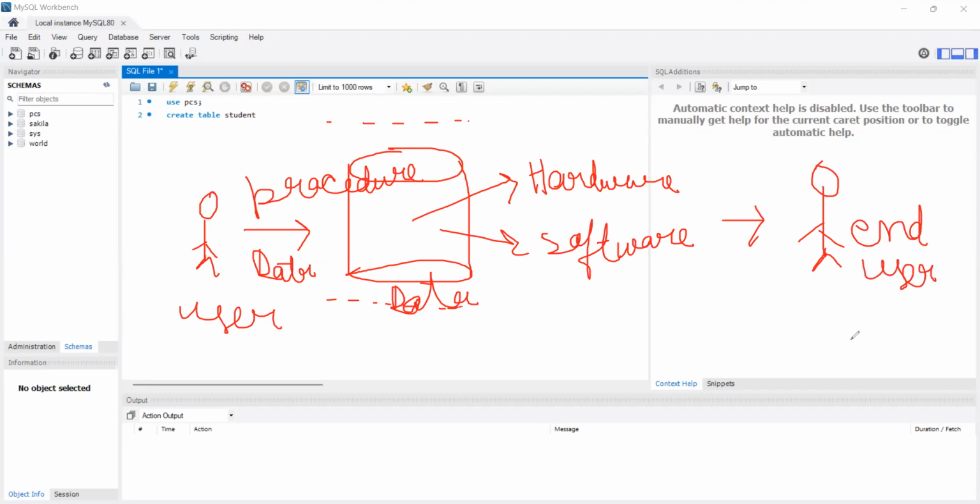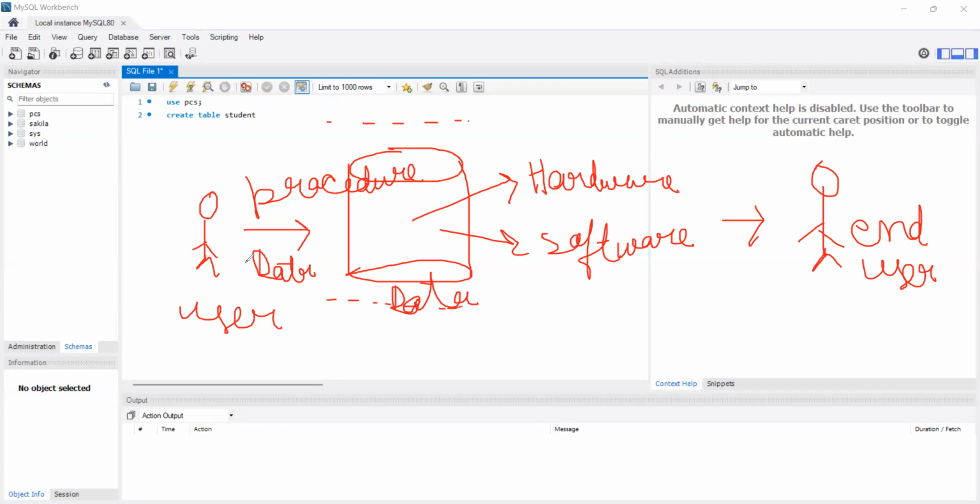The whole thing from first to last is the DBMS environment, not just hardware, software, data, tables, and procedures. From the start user to the end user, the procedure you follow and the data going through that procedure in your hardware and software, then manipulating it, that is called the DBMS environment.